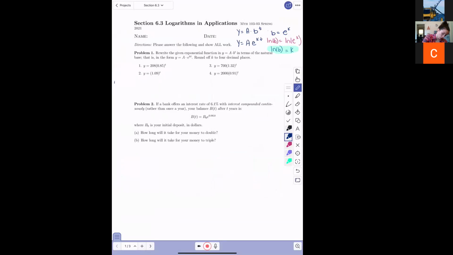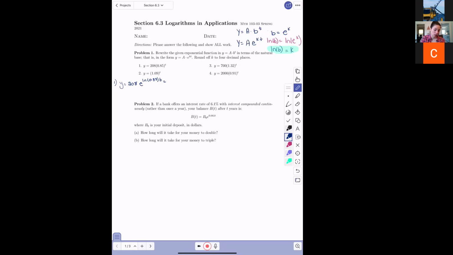So for problem part 1, we'll have y equals 208, our initial condition stays the same, and then it'll be times e to the power of ln of 0.85t.